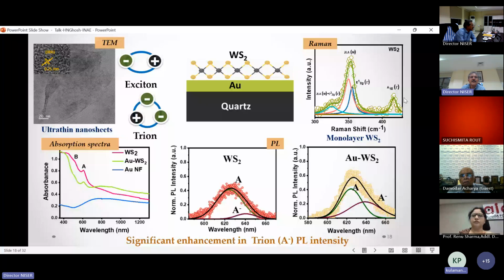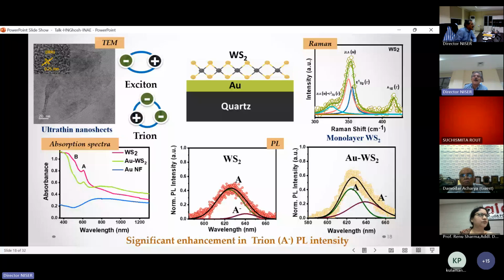But the reason behind this so much difference, 550, and on titanium you have put gold nanoparticles? No, sir, it is not nanoparticle. This is a film actually.